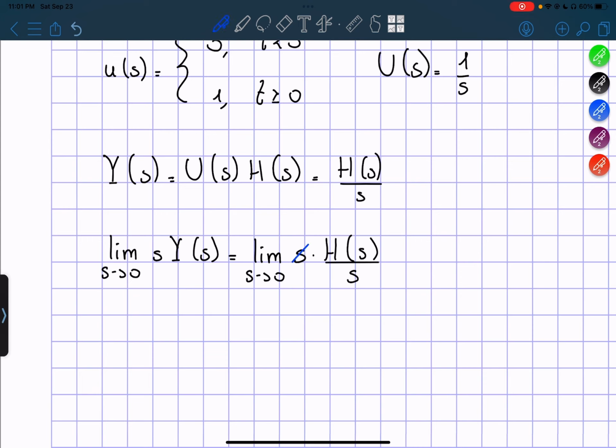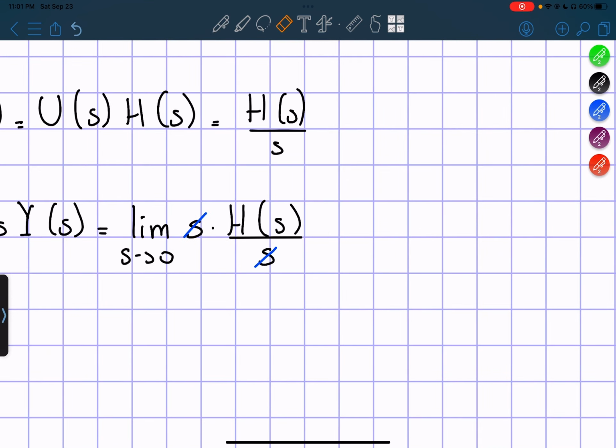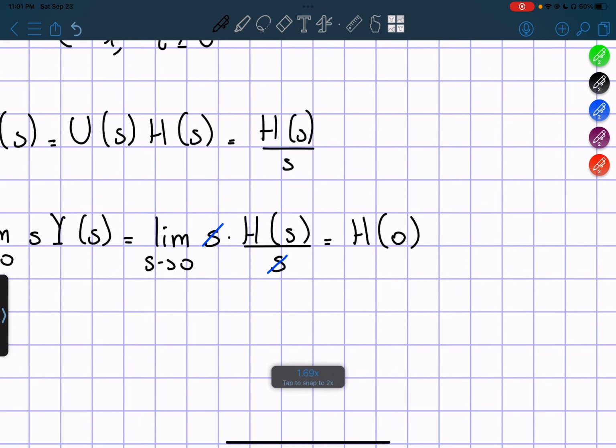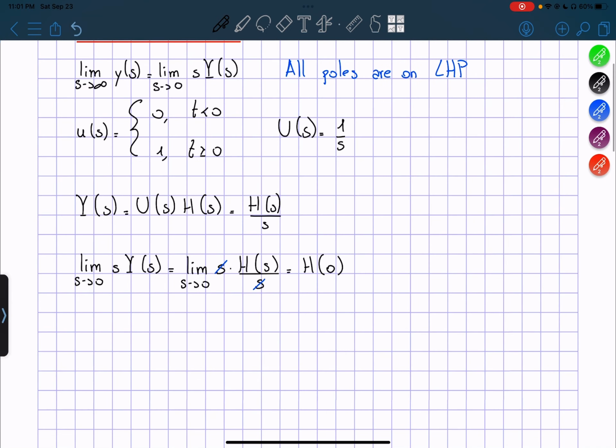So these two simplify, and we end up with, it's pretty much like L'Hopital's rule, H of 0. Now, of course, in this case, I wasn't given a function for H, but that's our final value theorem worked out. So this value is also called the steady state gain or the DC gain of the system.